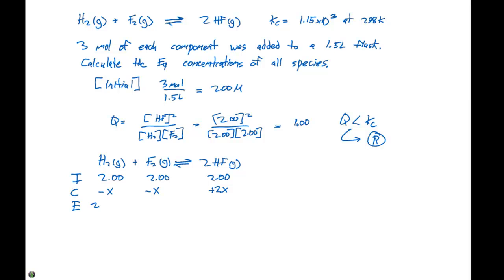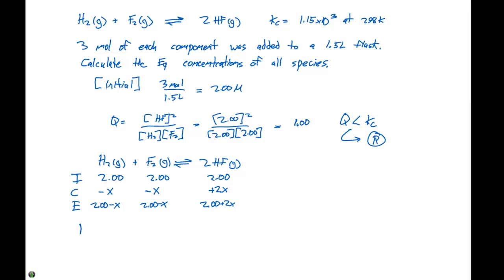So at equilibrium, that means our concentration is going to be 2.00 minus x, 2.00 minus x for both of the reactants, and 2.00 plus 2x in terms of the equilibrium concentration of the product.